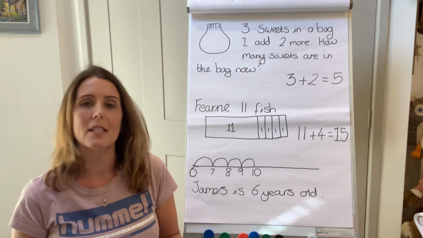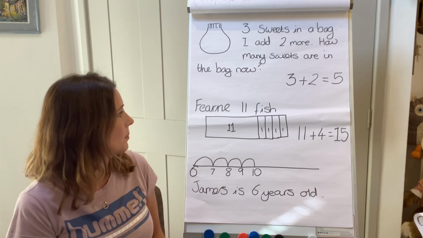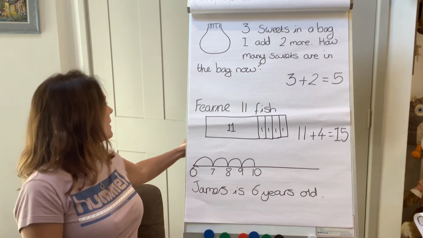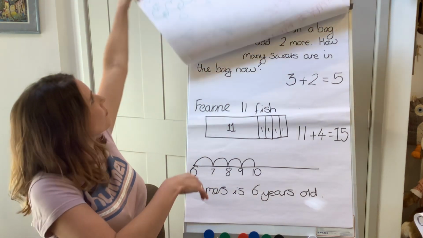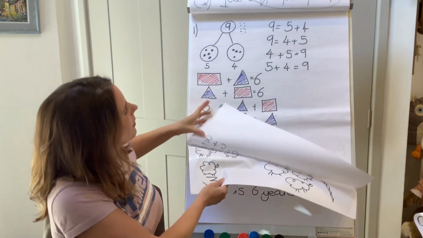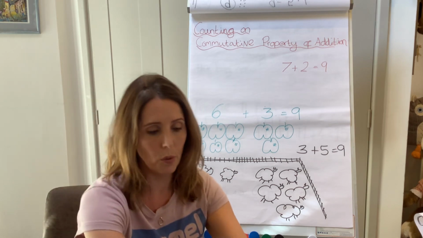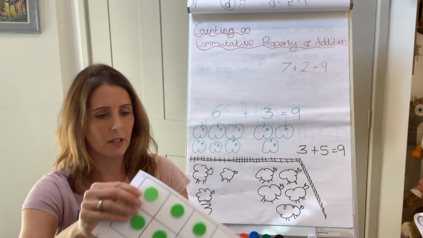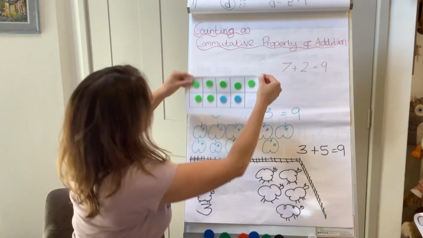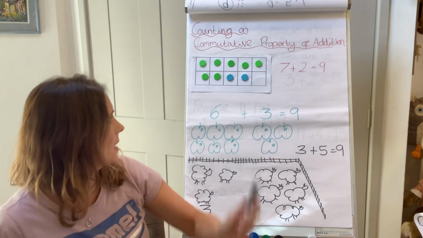The second thing that I said this session is about is the commutative property of addition. And all this simply means is that addition can be done in any order. So if we go back to our 7 and 2, okay, we had the number sentence 7 and 2.